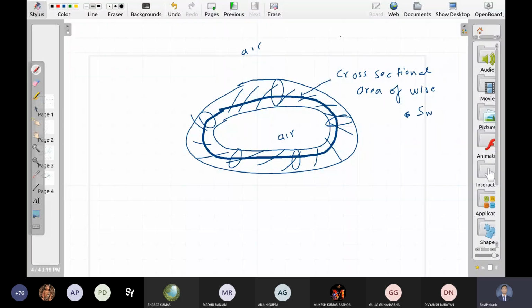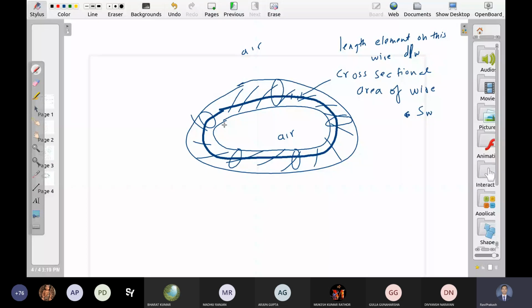Length element of this wire, if I take a small length element on this wire, let me call it LW or DLW. Whatever is related to this wire has a subscript W.